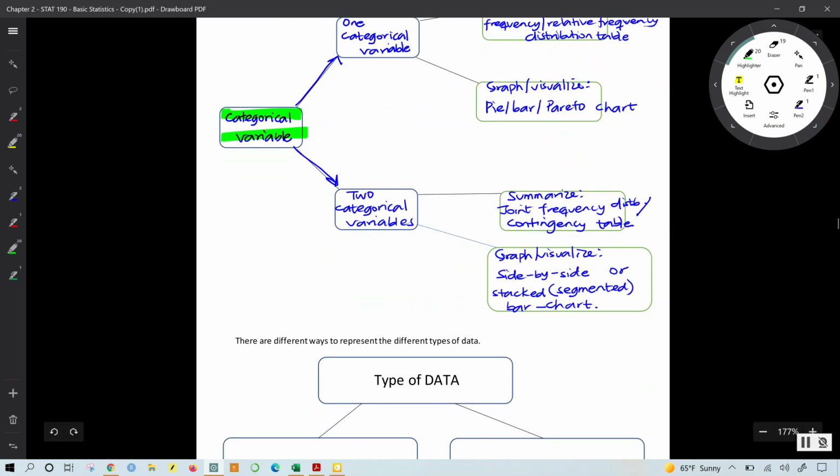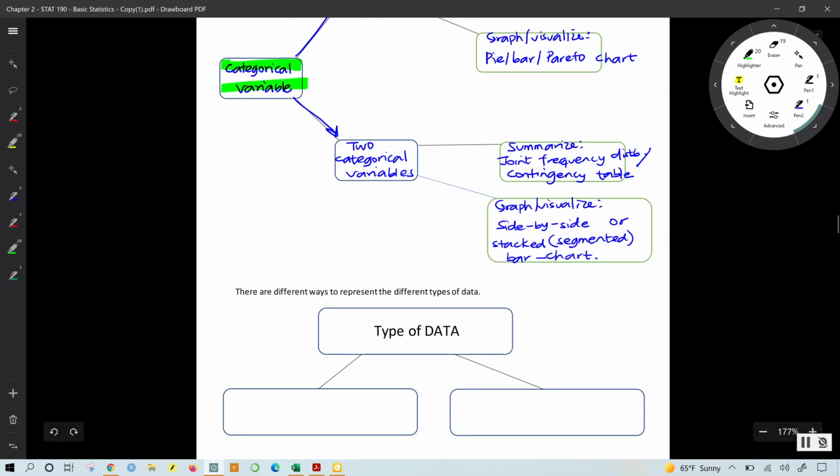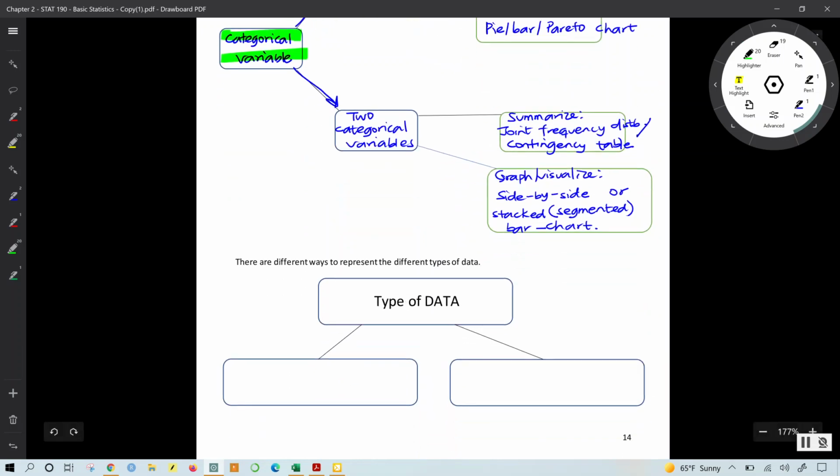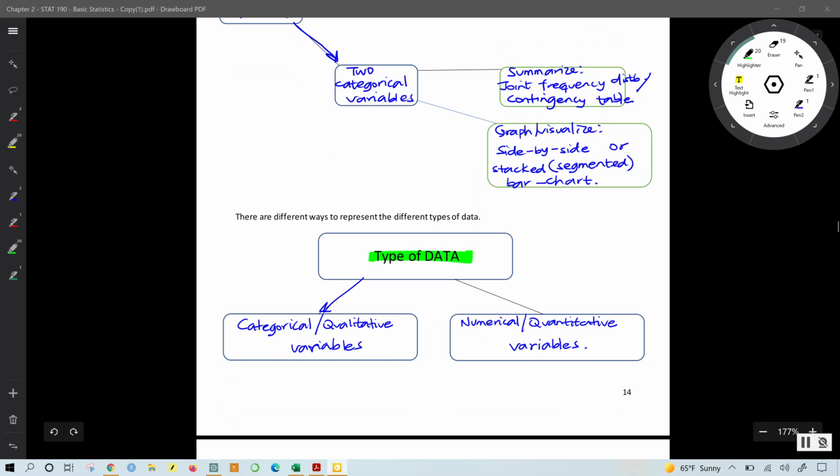So we want to move on to the next important detail, which is to remind us that whenever we collect data, the constituents of data are usually categorical or qualitative variables, and sometimes numerical or quantitative variables as well.